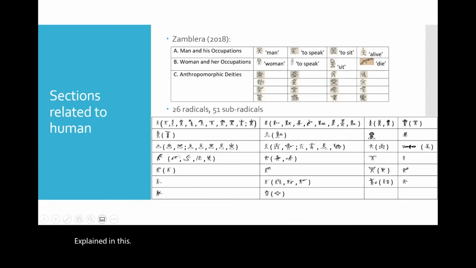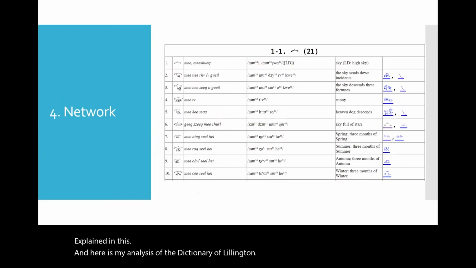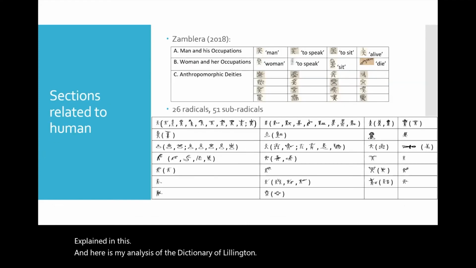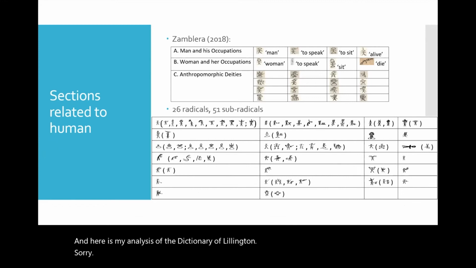And here is my analysis of the dictionary of Li Lingcan, of the glyphs related to the human figure. I have highlighted 26 radicals with 51 subradicals.